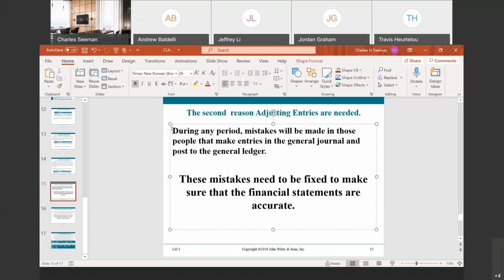You have clerks entering numbers and they make a mistake. You have other people entering numbers and they make mistakes. You make mistakes as the accountant. And these all have to be cleaned up before you can publish your financial statements.